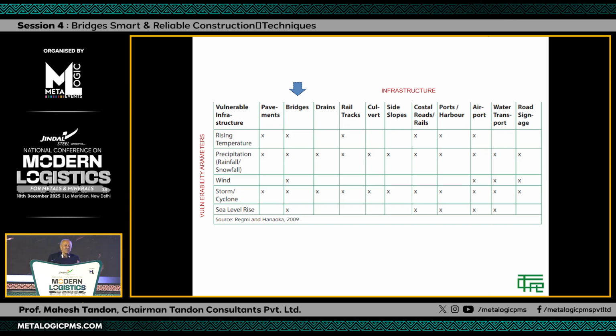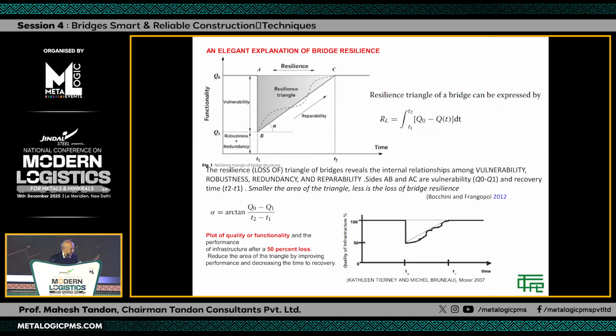So all these effects are important for bridges, which may not be so for all the infrastructure, but for bridges it is.